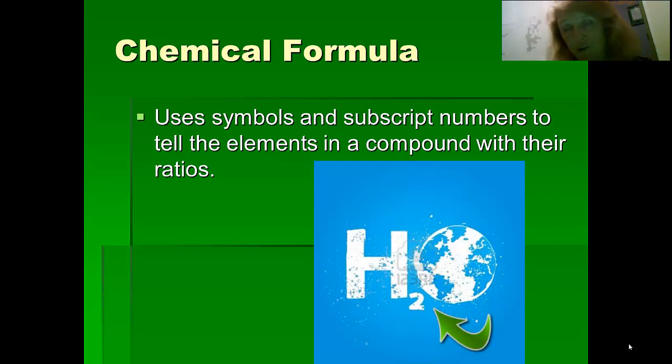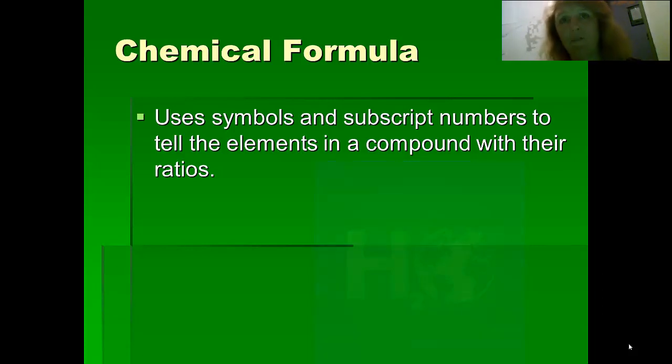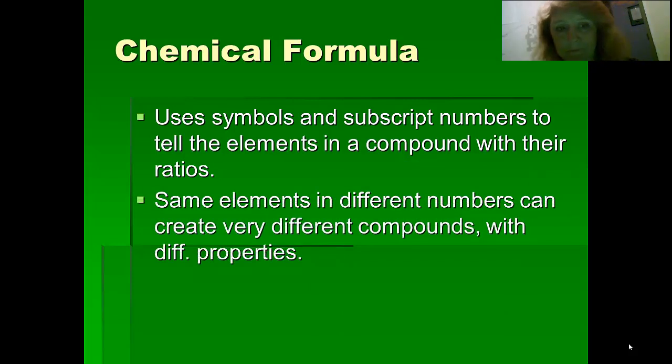Notice it goes under the line a little bit. Under, like submarine. And that tells you that there are 2 hydrogens. Now there isn't a number after oxygen because it's understood that if I put oxygen there, there's 1, and I don't have to actually put a number unless there's 2 or more. So if there's no number, you assume that there's 1.